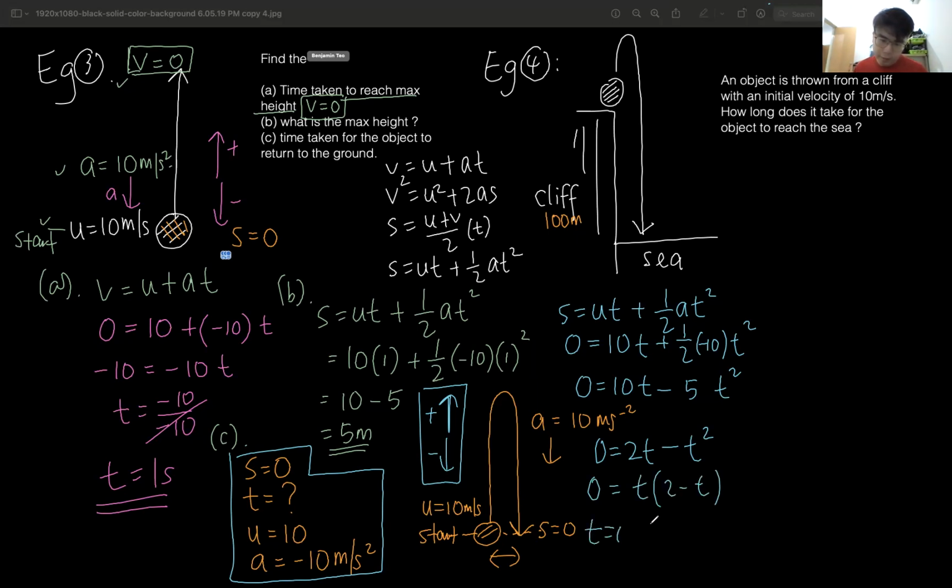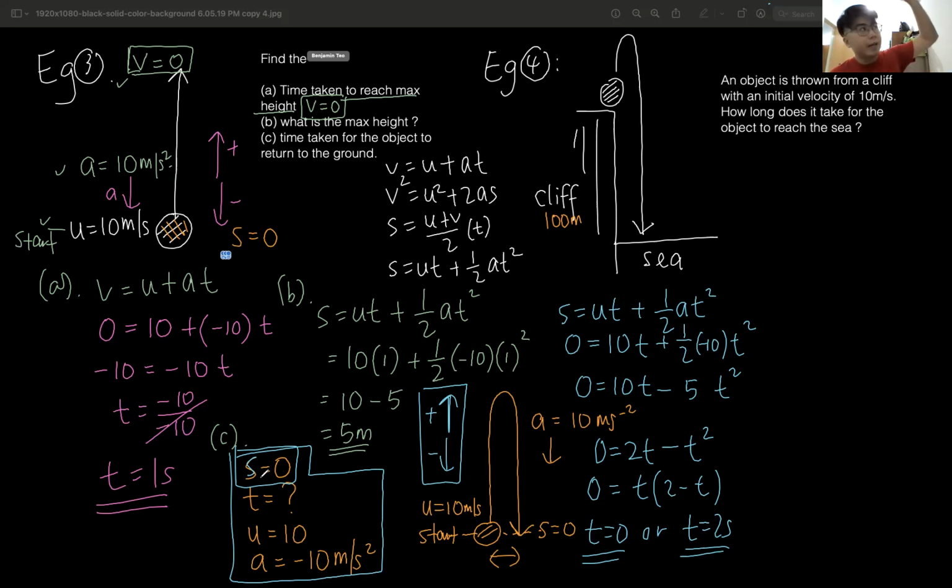t 等于0 or t 等于2 seconds. 为什么你会有两个 answer？t 等于0，你看啊，你算的是 displacement 等于0，对吗？我们 let s equals to 0, so s 等于0有两个 instance when s equals to 0. One is at the starting point, s is 0.